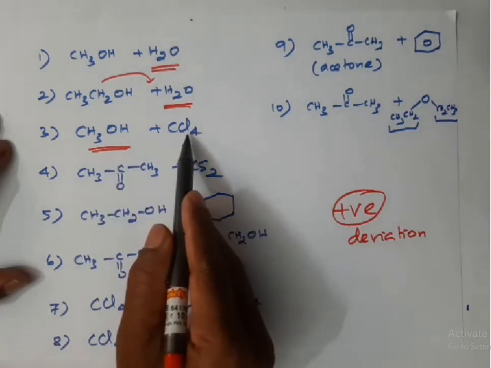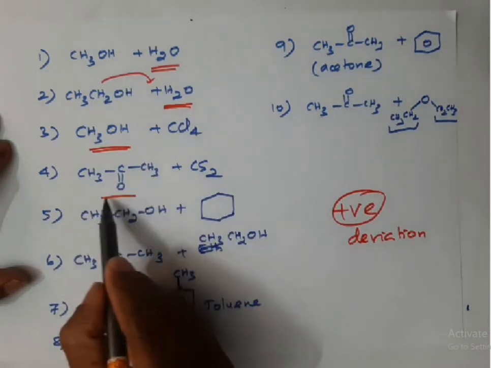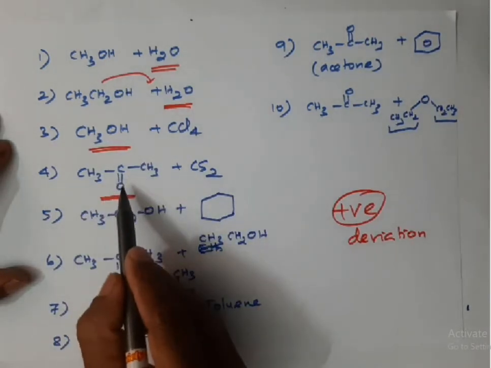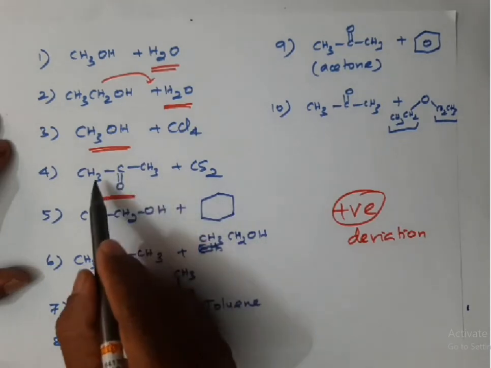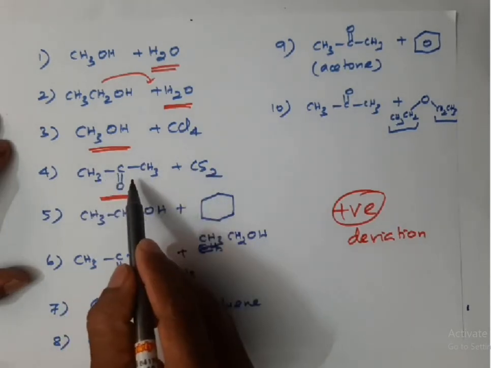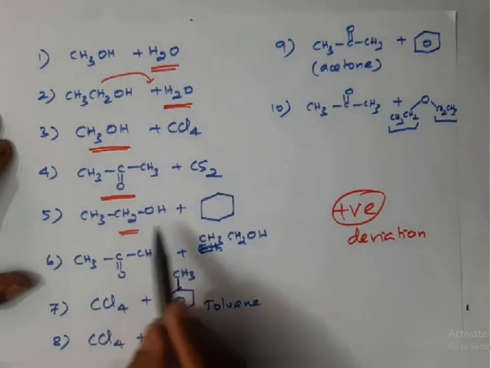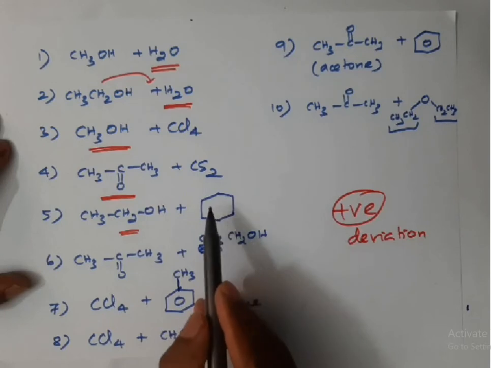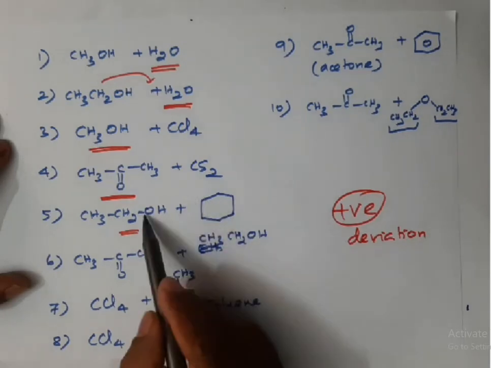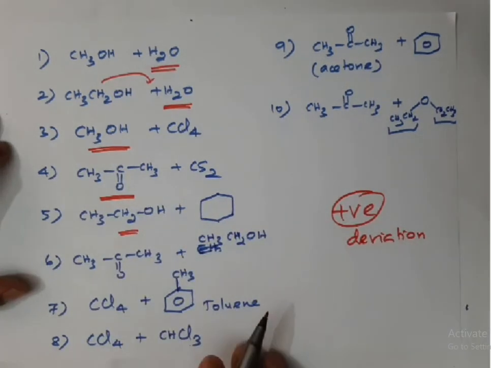CCl4 is a non-polar molecule. So if you add it, attraction decreases. In acetone we have dipole-dipole attraction. If you add carbon disulfide, the attraction decreases. In ethanol we have hydrogen bonding. Cyclohexane is a non-polar molecule. So if you add cyclohexane to ethanol, the hydrogen bonding attraction gets reduced.